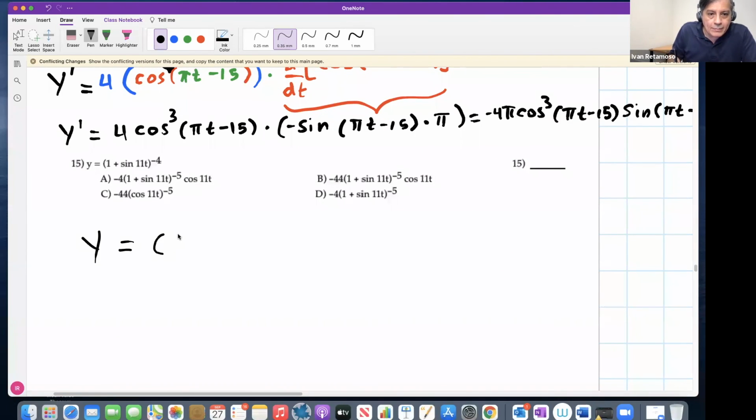Take the derivative of this function, 1 plus sine of 11t raised to -4. Hint, this is your outside function. And this is your inside function, right? The one inside.